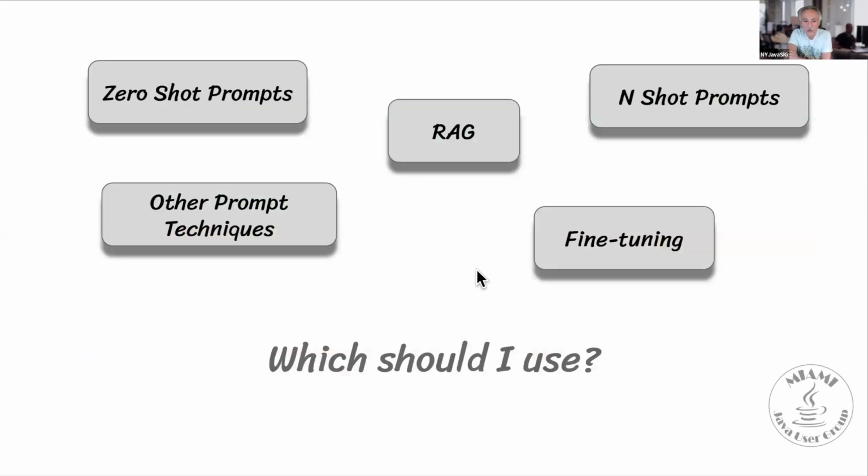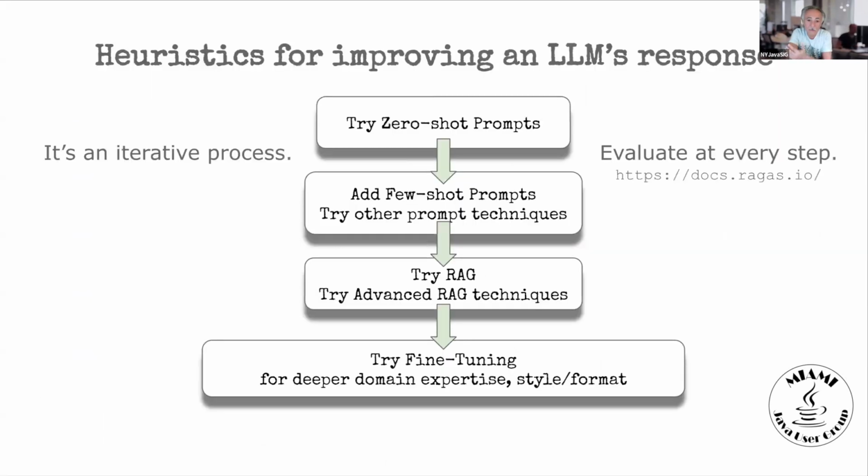And you say, well, which one should I use? Start simple. Try simple techniques, prompt techniques, zero shot, try few shot, then try RAG. And with RAG, don't forget, you're sending a lot of data back and forth, especially with a chatbot.